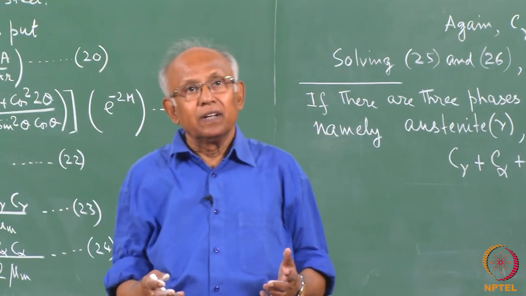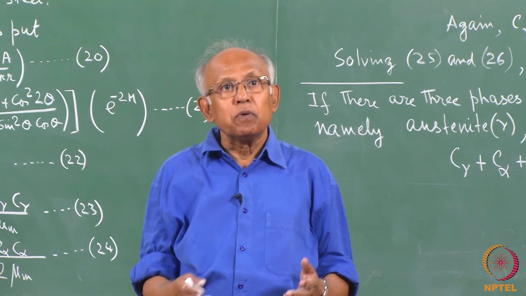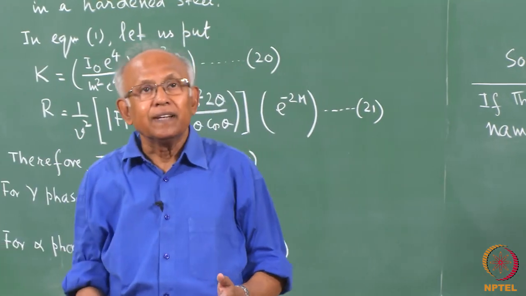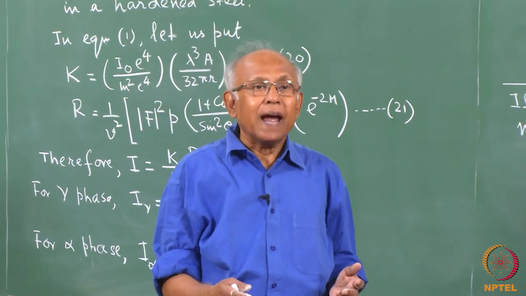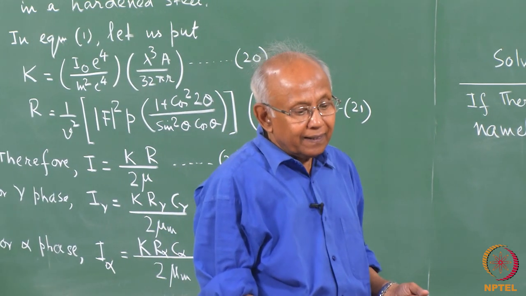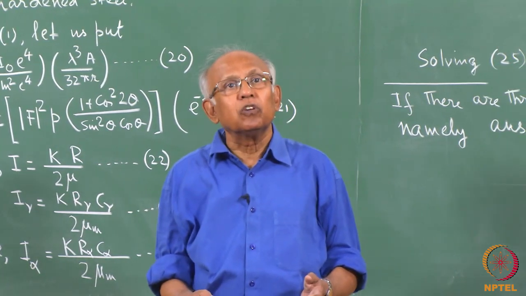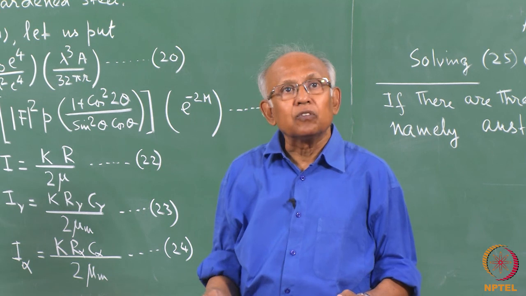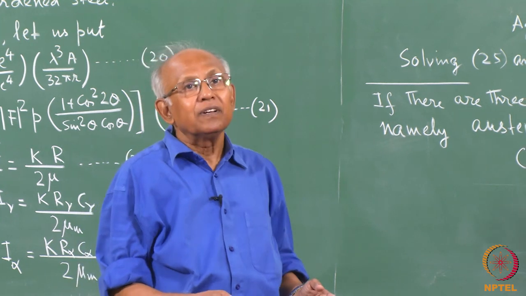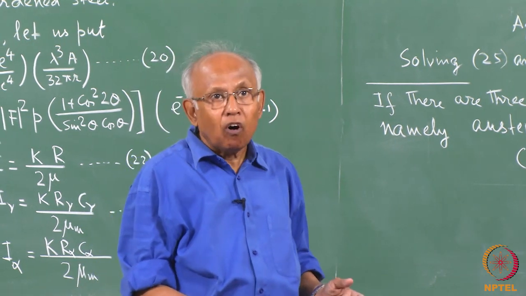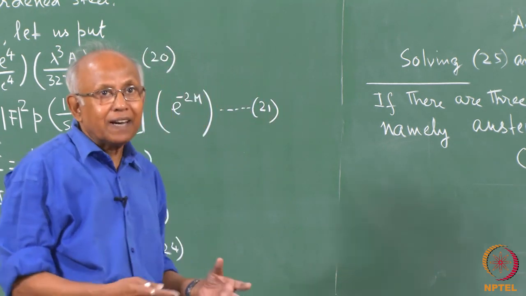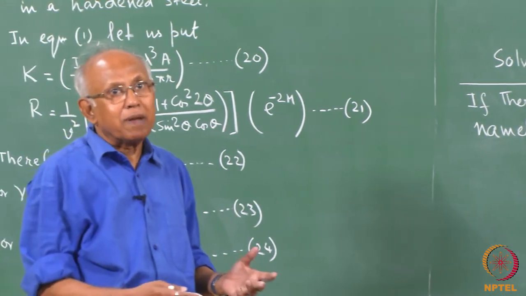One of the phases must be available in a pure form in order that the fraction of that phase in the phase mixture can be determined, and sometimes it may be very difficult to get a phase in a pure form. And in the second method, the internal standard method also, there may be a problem in getting a suitable standard. So, in this method, we really do not need to have the phases to be present in pure form, to be compared with, or some internal standard to be found out for making a composite.